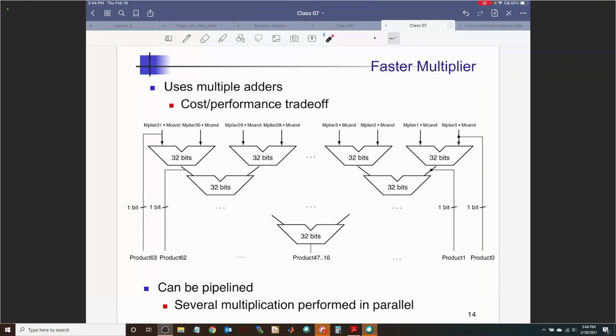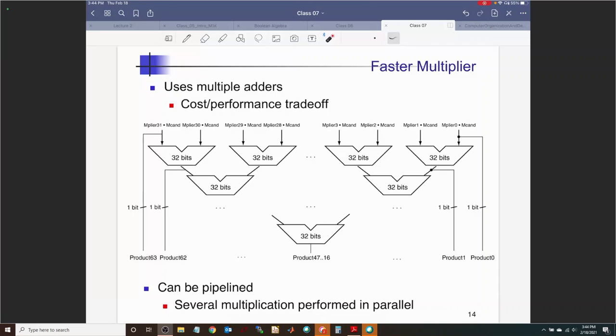And the difference is this. Instead of using one 32-bit ALU 32 times, let us just put in all 32 ALUs, adders. Let's use more hardware, use multiple adders only once. So you can either use one ALU multiple times, or if you had multiple ALUs, you just need to use them once.